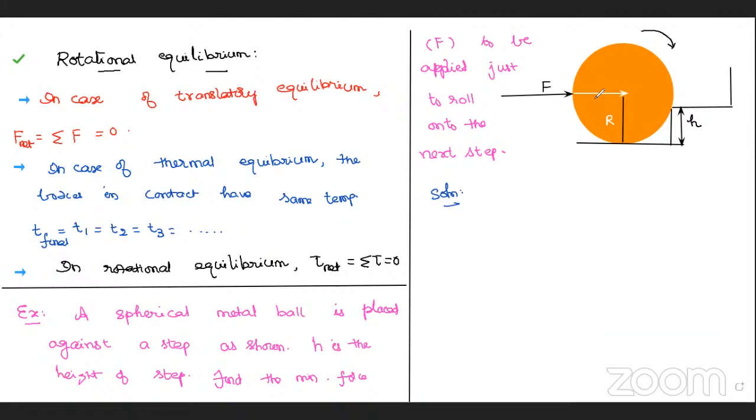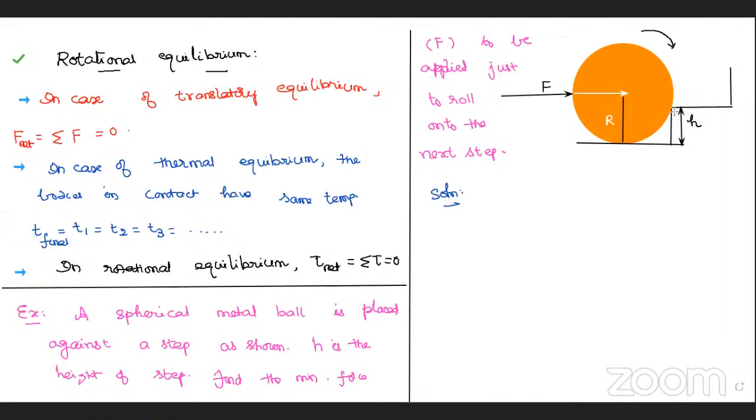Force by step. Okay, that means the normal reaction you are saying. Am I right? Normal, right. Look at the normal reaction. It is acting at the step corner. When you try to roll, it leaves this surface and tries to come onto the other step by taking support at this corner.